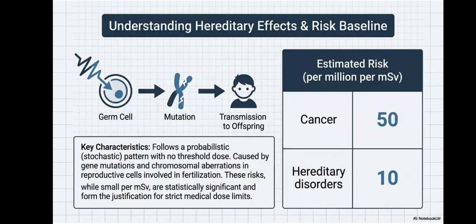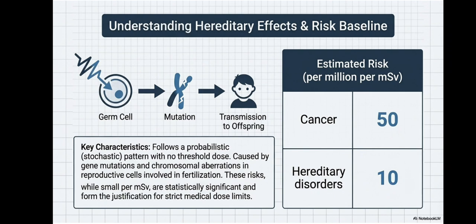Then we discuss hereditary effect and risk baseline. Hereditary effects occur in future generations of the exposed person. This effect results from radiation damage to germ cells, sperm or ovum, that participate in fertilization.